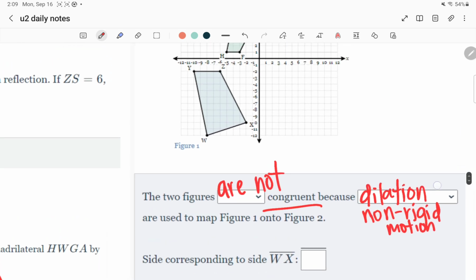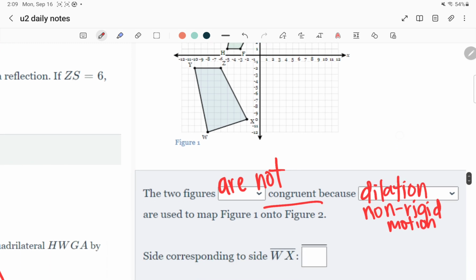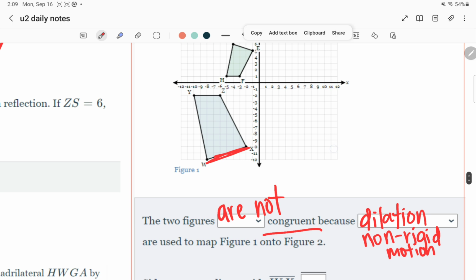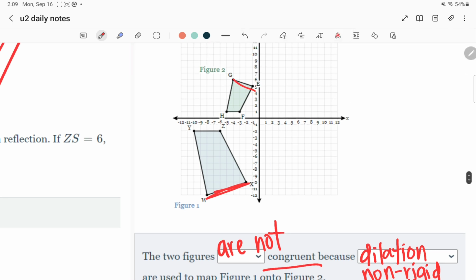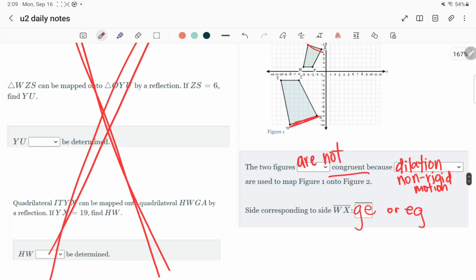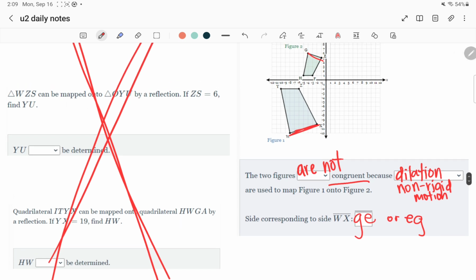And lastly, the side that corresponds with W to X. I see G to E or E to G. Delta Math is not particular about what goes first, so don't worry about it. I think it's G to E because the slant is the same, the proportions are the same.